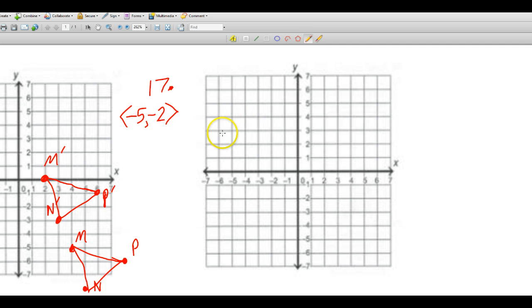So our pre-image points are F, -4, -2. G, -1, -1. H, 0, -4. And J, -3, -6.